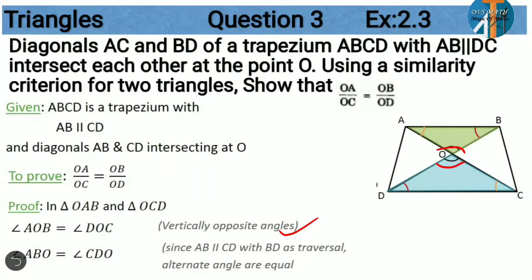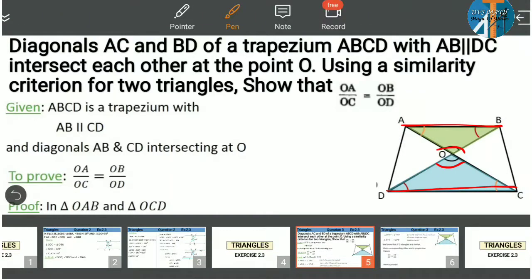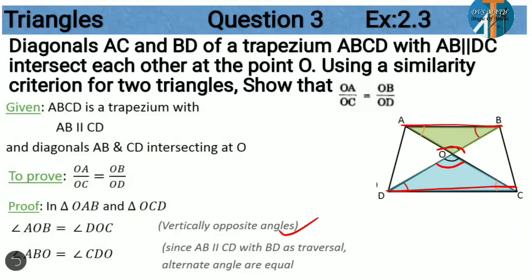Next, remember that AB is parallel to DC. That means the diagonals BD or AC look like a transversal, right? It looks like a transversal.